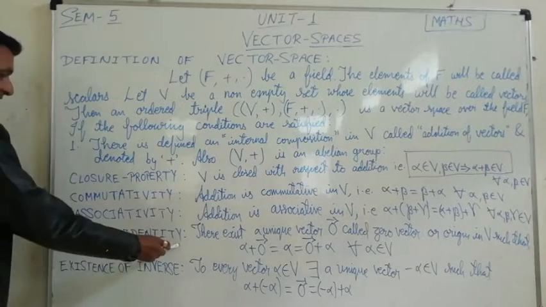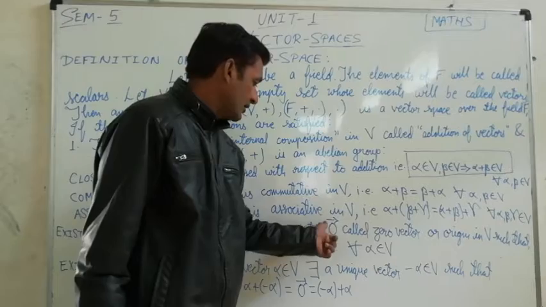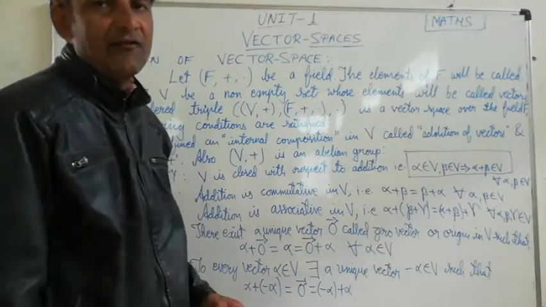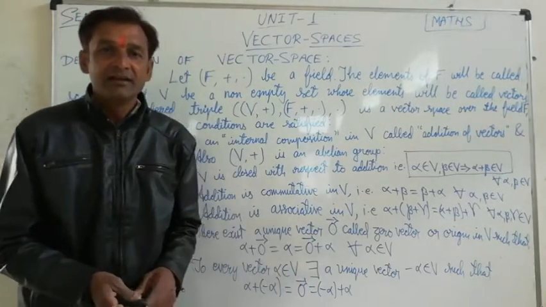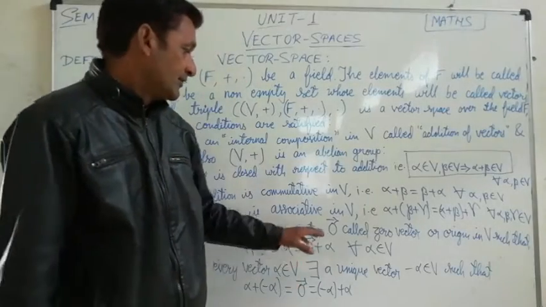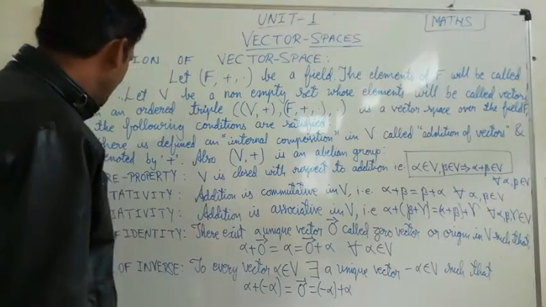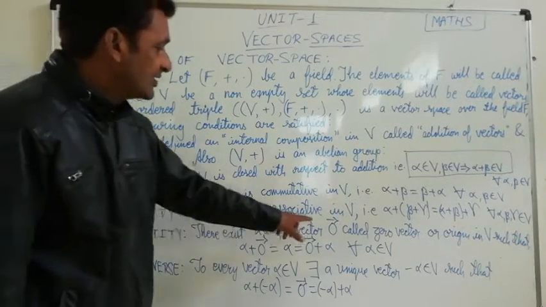Now, existence of identity, you know very well. There exists a unique vector 0. You know very well that if we add 0 to any element, then that element will remain the same. That's why, for addition, we can say the identity is 0 only.